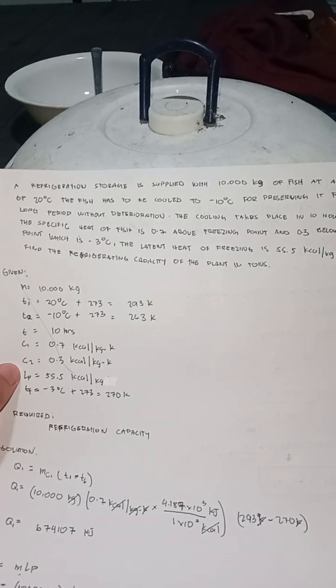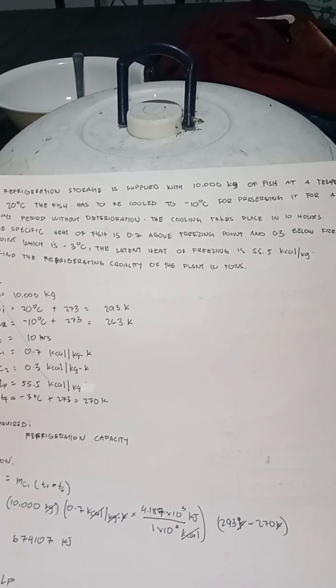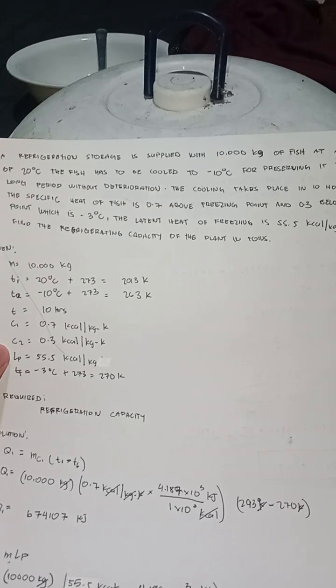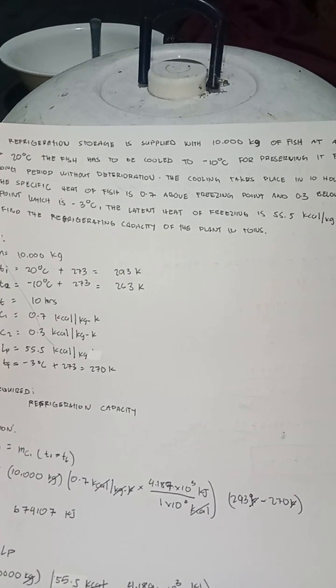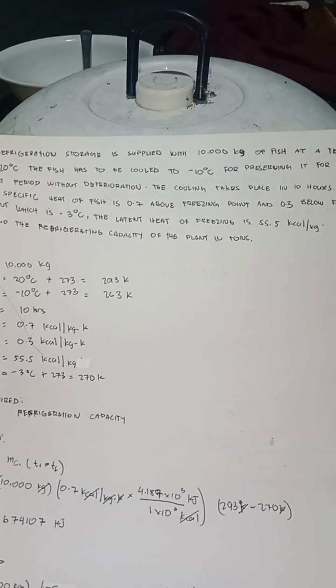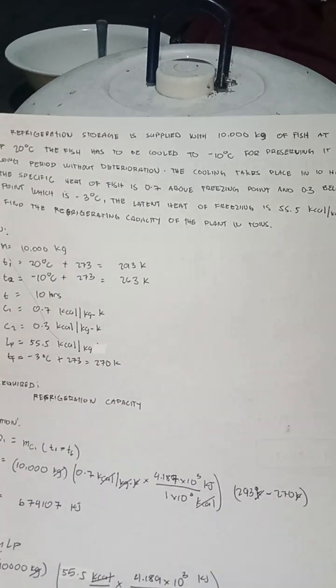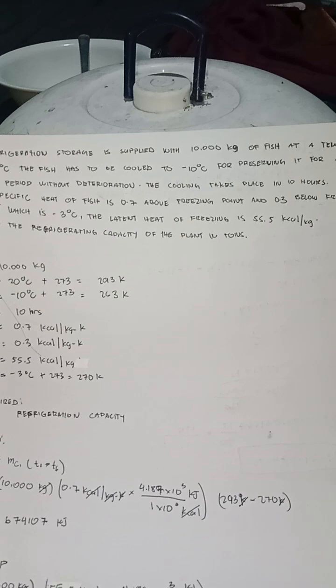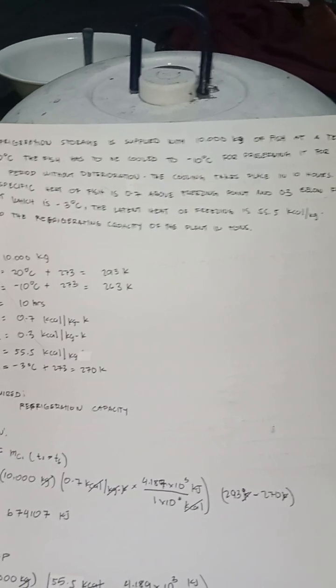So, number 2. A refrigeration storage is supplied with 10,000 kg of fish at a temperature of 20 degrees Celsius. The fish has to be cooled to negative 10 degrees Celsius for preserving it for a long period without deterioration. The cooling takes place in 10 hours.